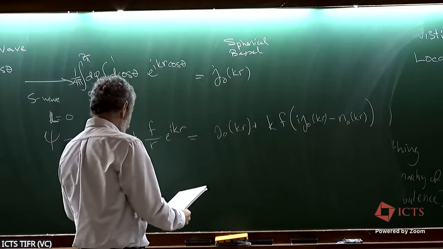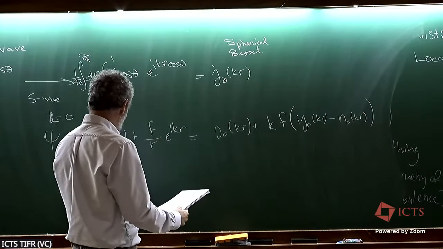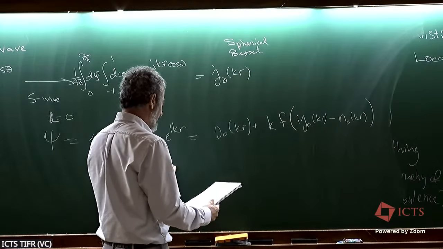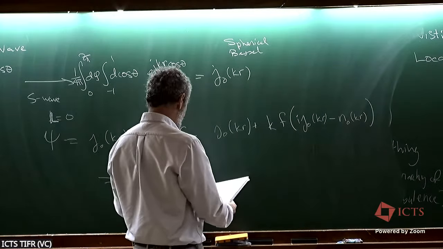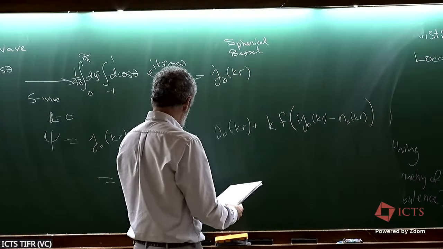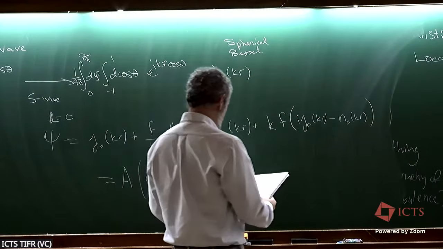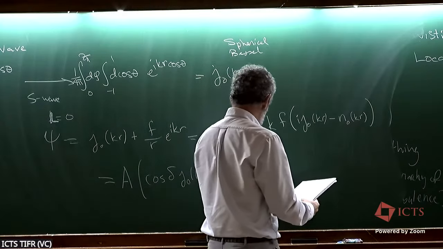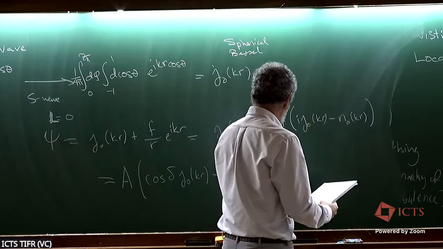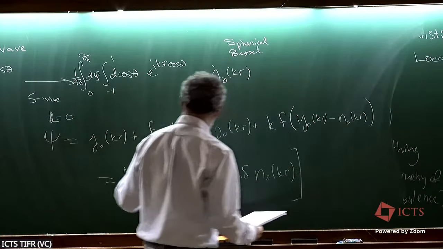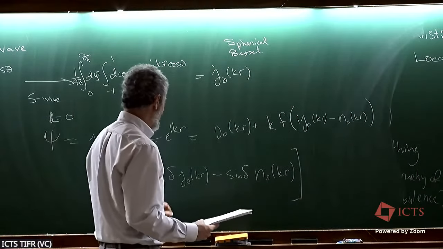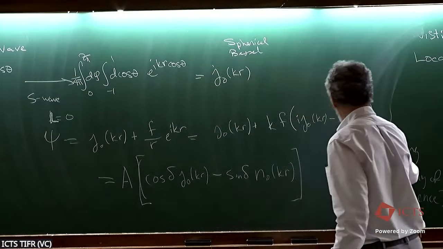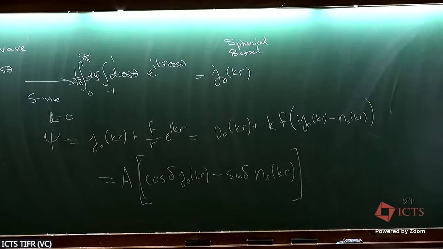And then that whole thing can be written as an overall constant times cosine delta of J0 of kr minus sine delta of N0 of kr, where I've replaced f by this delta, which is the phase shift, and the relationship is between these two.